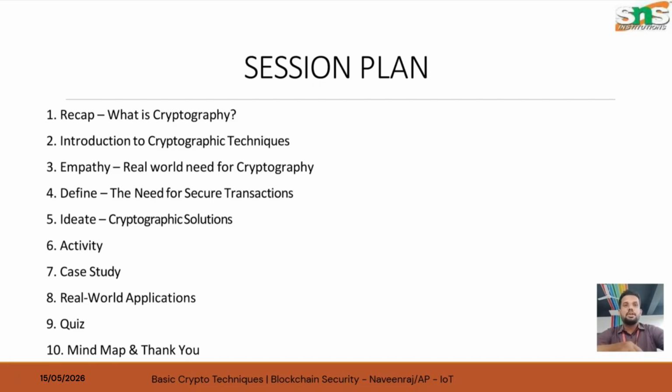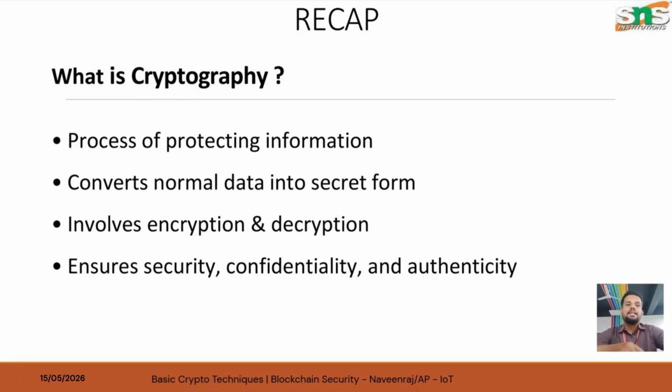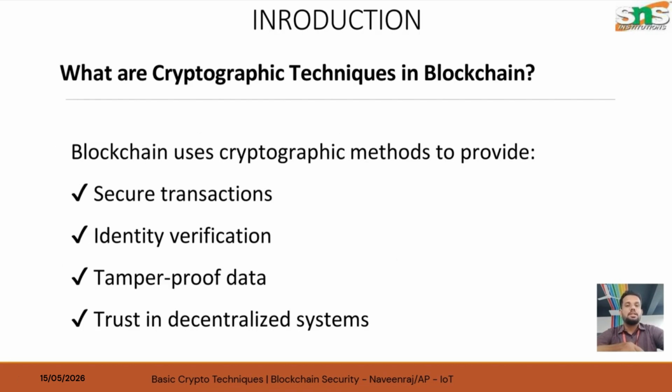Blockchain is not secure without it. The basic core principles of cryptography are, first, confidentiality: only authorized users can read the data. Similarly, integrity: data cannot be altered without detection. The third one is authentication, which confirms the identity of the sender who sends the message.